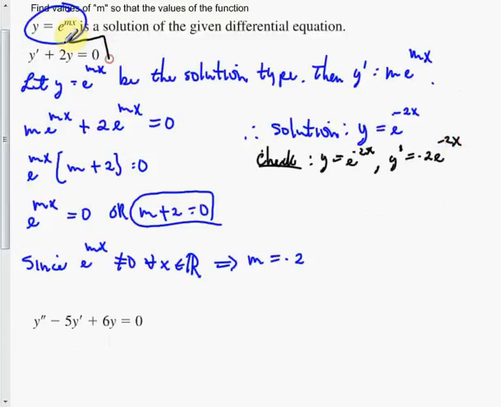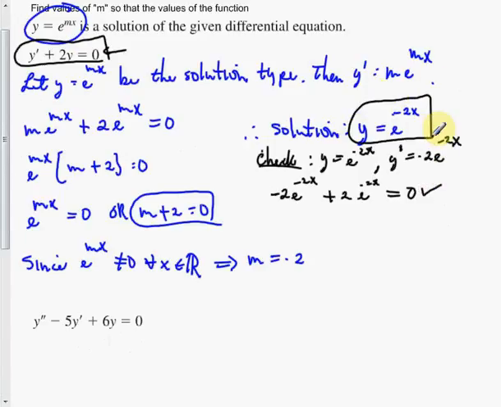Go to the original equation. Y prime is -2 times e to the -2x, plus 2 times y, but y here is e to the -2x. Well, indeed, that's equal to 0. So this is indeed the correct solution type.